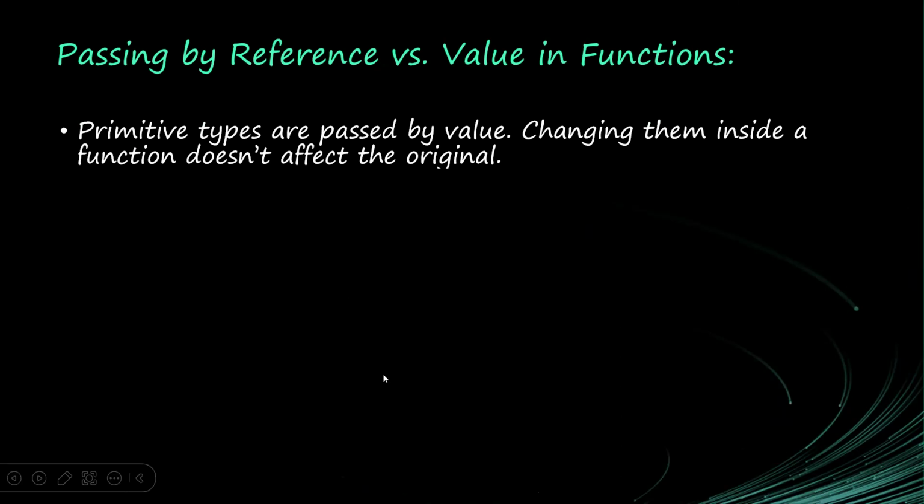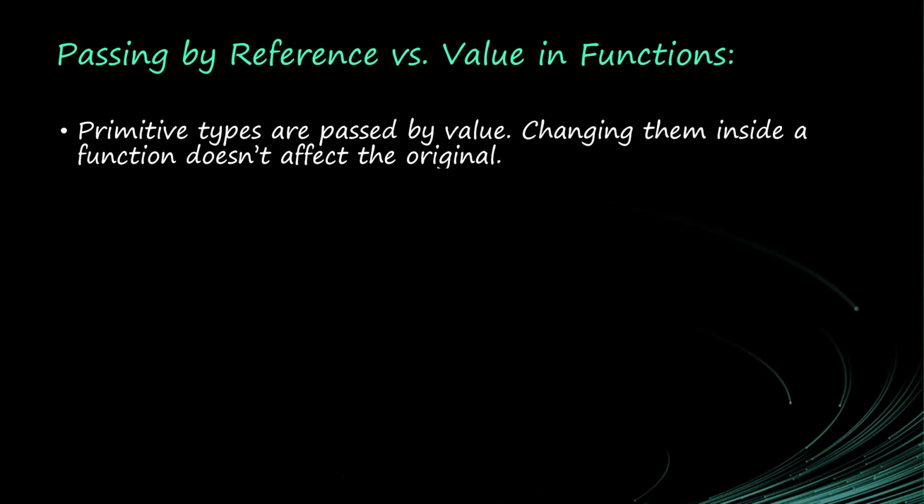Changing them inside a function doesn't affect the original one. Remember, when you try to modify a primitive object, Python will create a new object. So if you pass an integer, a float, a boolean, a string, or a tuple to a function, you're passing them by value.